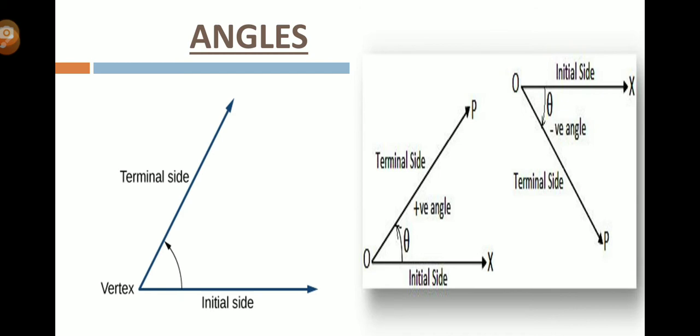The original ray is called the initial side, and the final position of the ray after rotation is called the terminal side.